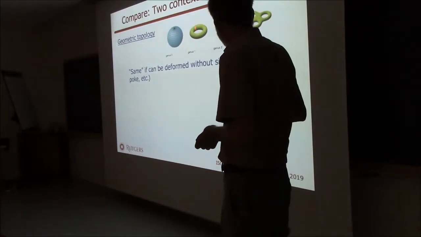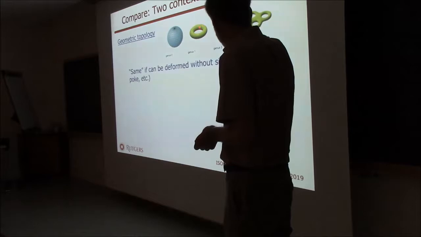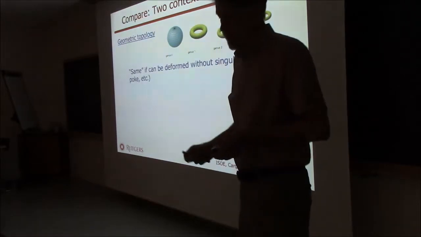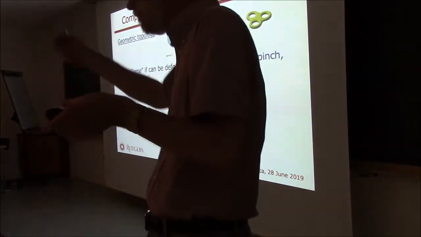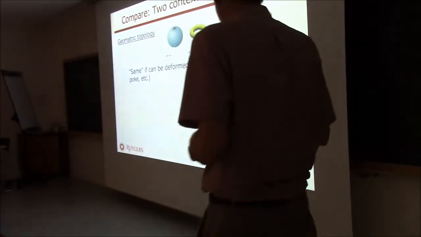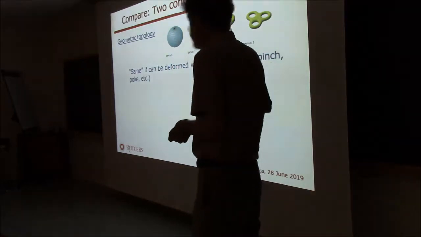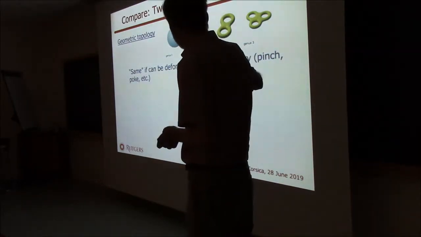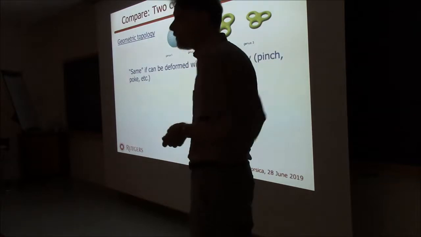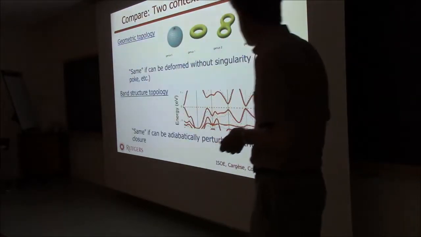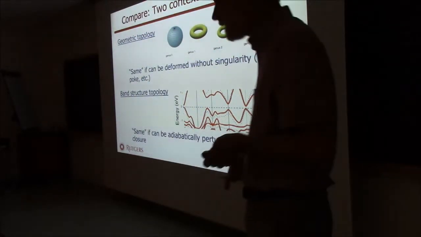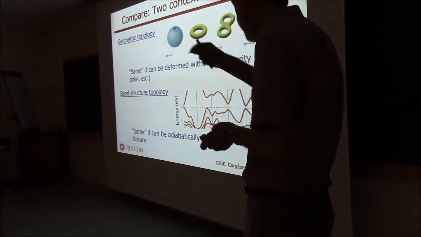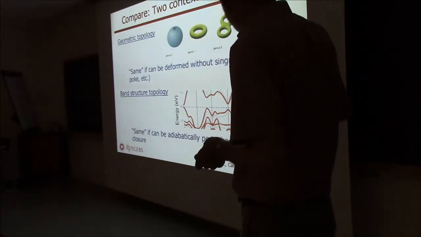And so the definition of topology here is that the coffee cup and the donut are said to be in the same topological class if you can take one along some path of gradual change to the other in such a way that you never do violence by cutting, pinching, poking holes, closing up holes, etc. And the corresponding story in the band structure is that band structure red and band structure gray are equivalent topologically if and only if you can find a path in Hamiltonian space in which you don't do any violence.